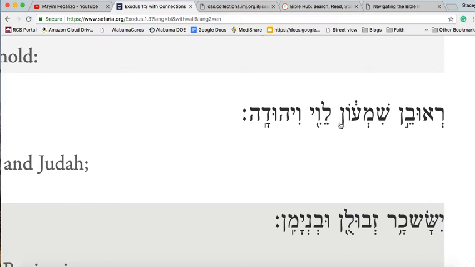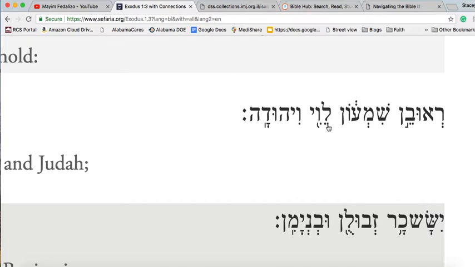See that final noon again? Shimon. So Reuven, Shimon, which means, see Shem with an ayin tagged onto the end. This is the word Shema, which means to hear or understand. So literally his name means the one who hears and understands. Okay, let's go on to the next name.